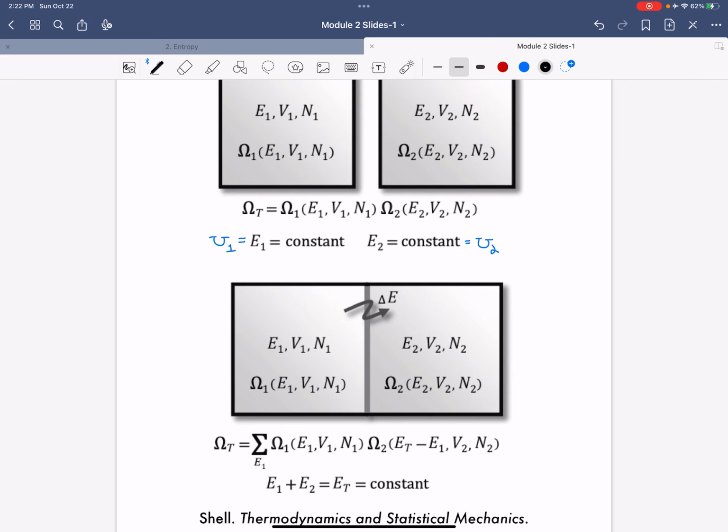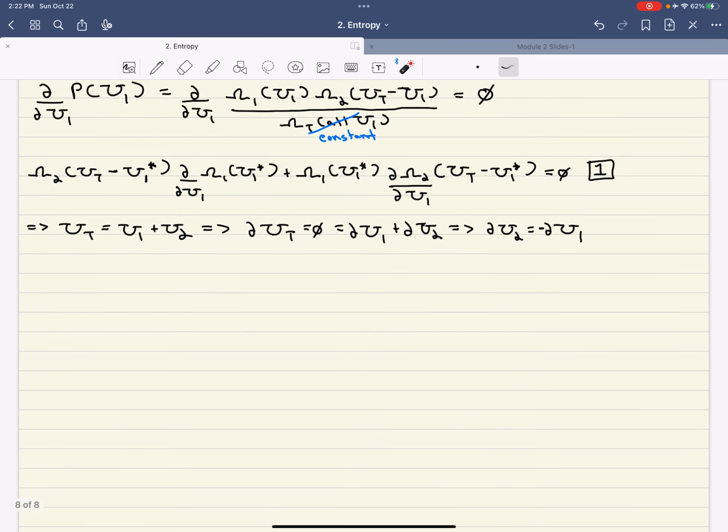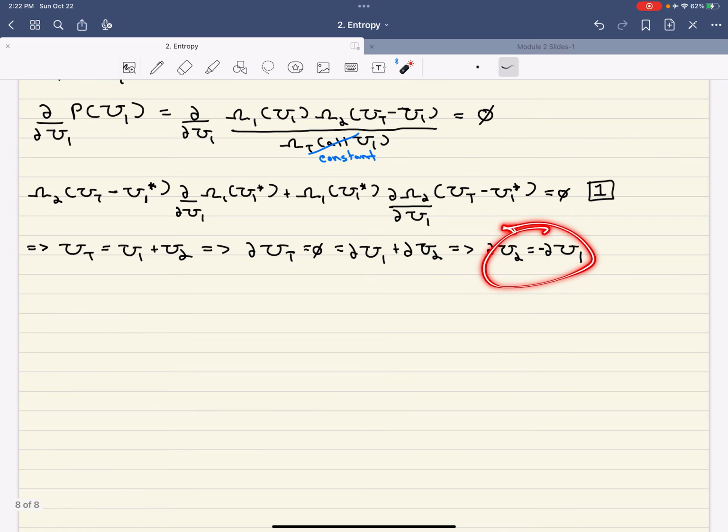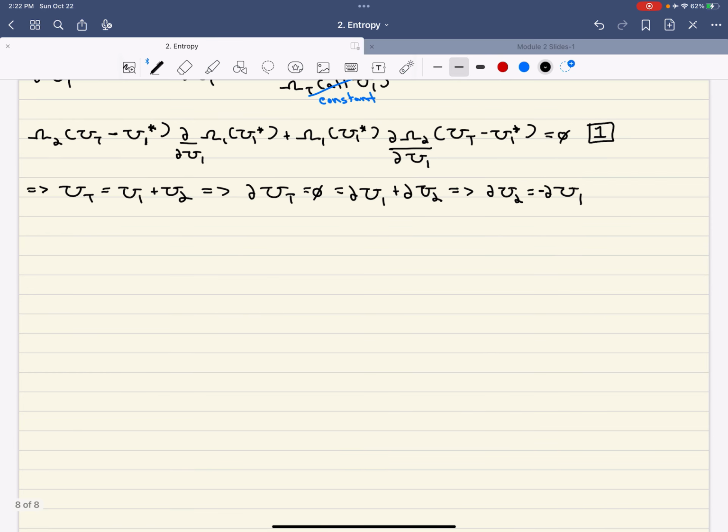Alright, so we could take this relationship and plug it in to here. Okay? Alright, so if we go back to equation 1, we could rewrite the derivative like this. So now, I'm just going to plug in U2 star here.